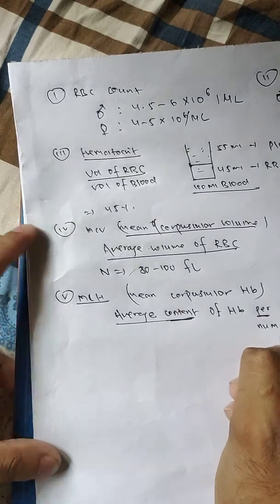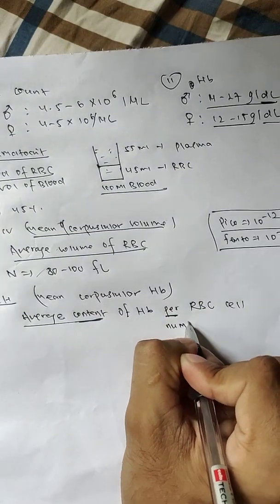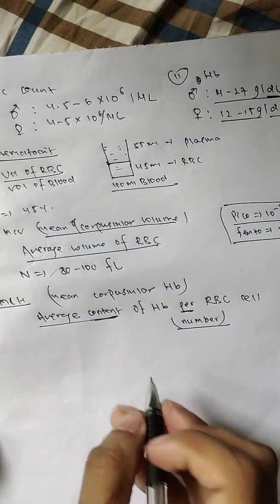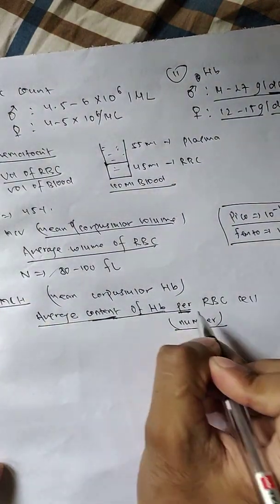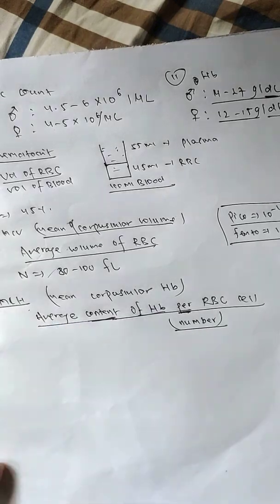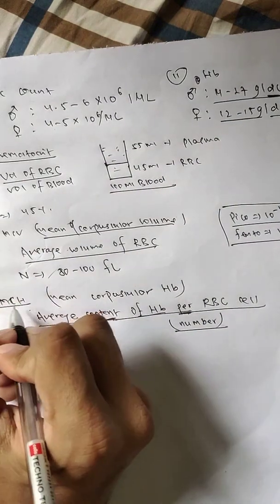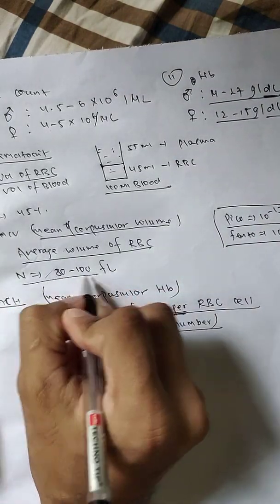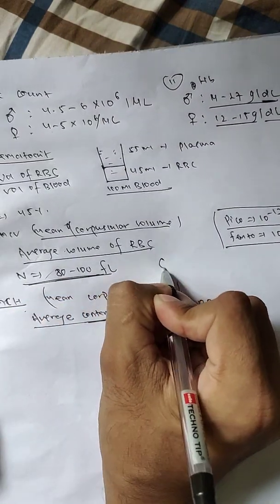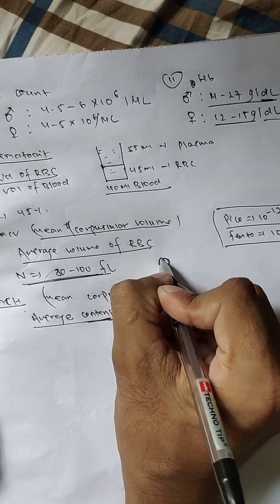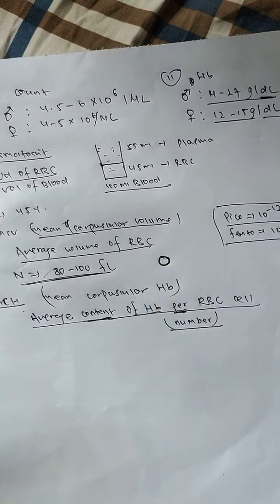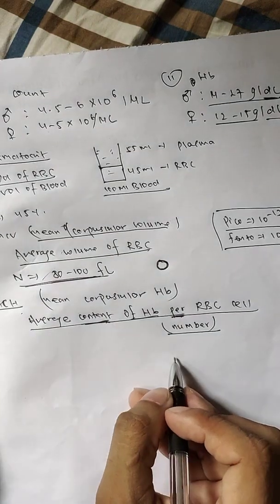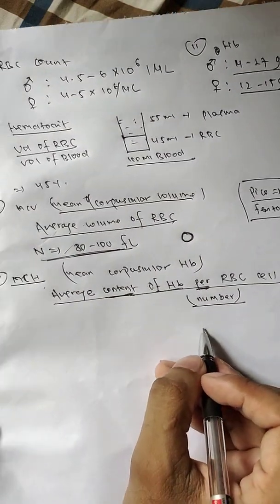So it is the average content of hemoglobin per RBC cell. This is the MCH. One RBC has a size of 80 to 100 femtoliter, so how much hemoglobin is there in one single RBC? This is the MCH.